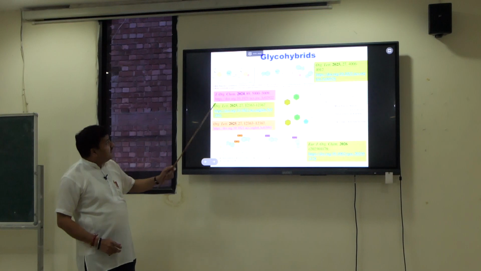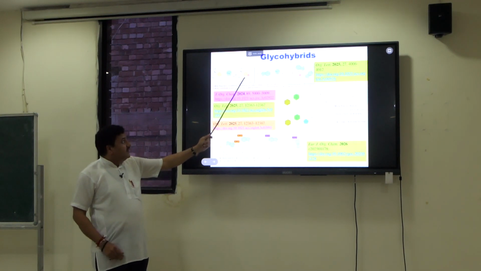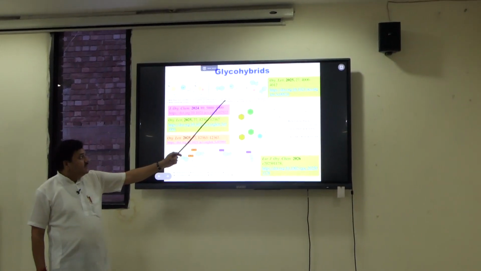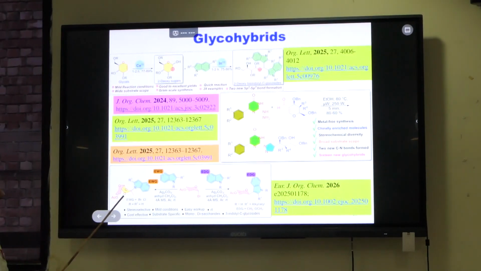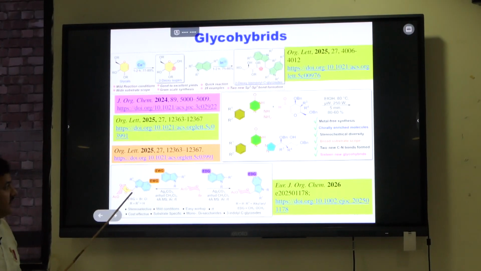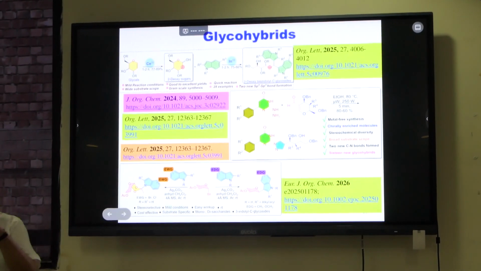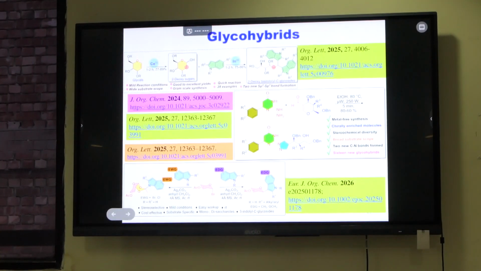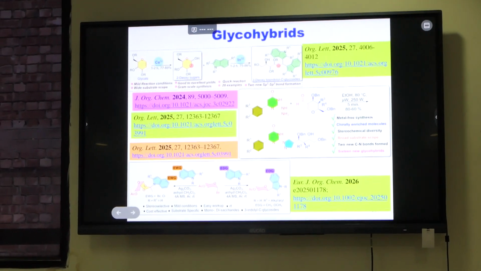These are another glycohybrids which we have made. We have made a method for making 2-deoxy sugar. Then by using that one, we made these bis-indole analogs last year. And very recently we have made these indole C-glycosides, and we have made a very fundamental observation during this. Lot of chemistry is there, where in one method we got one type of glycoside.